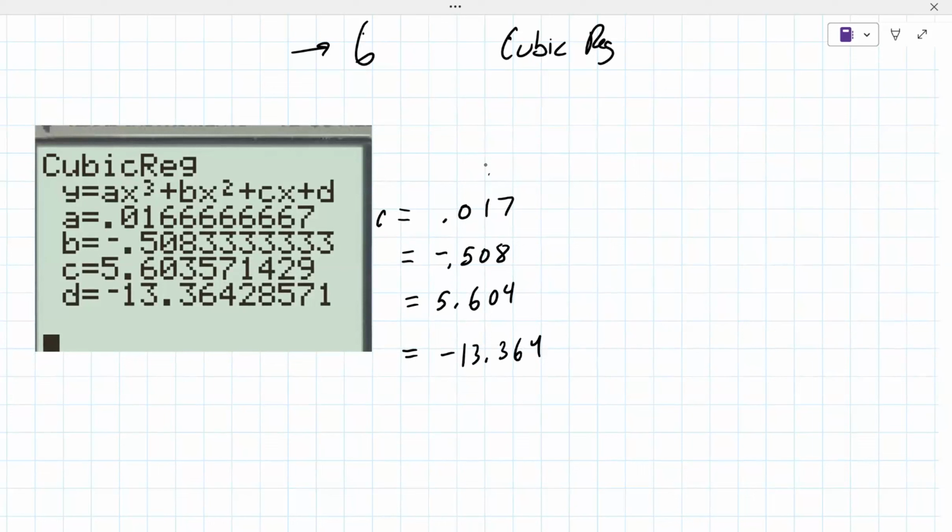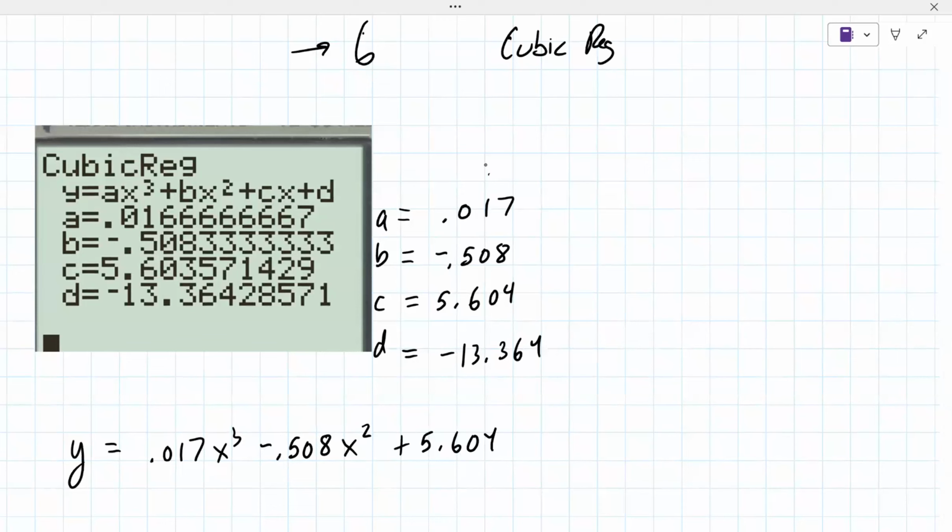So we're going to put those numbers into the cubic regression. So it's AX cubed, that's 0.017 x cubed, minus 0.508 x squared, plus 5.604x, minus 13.364.